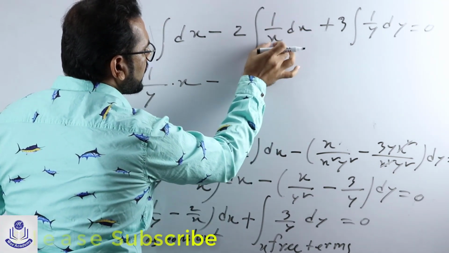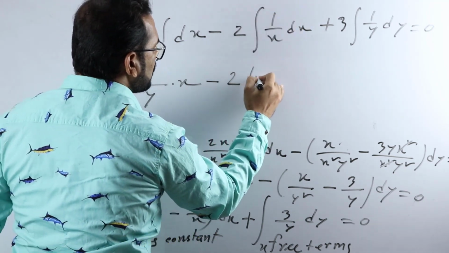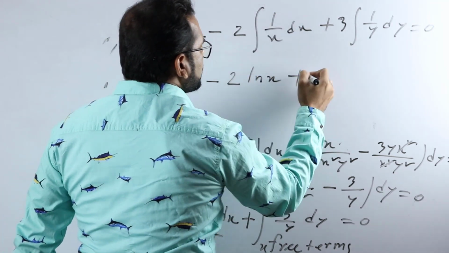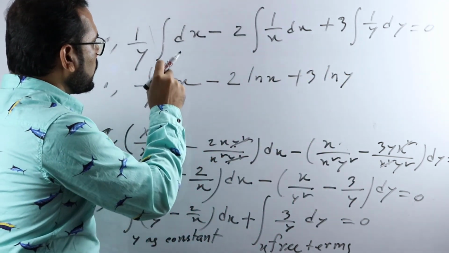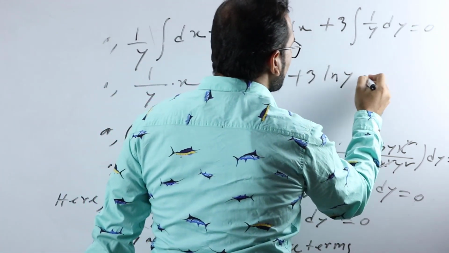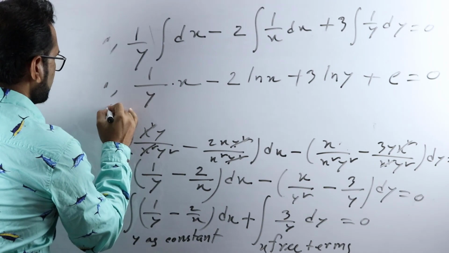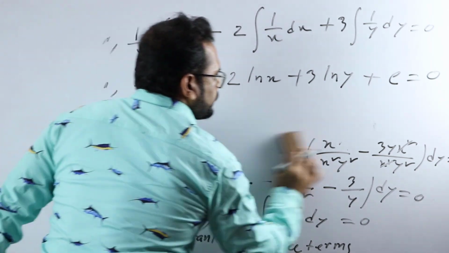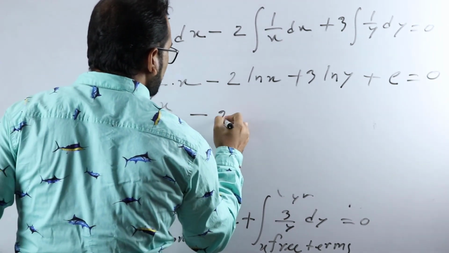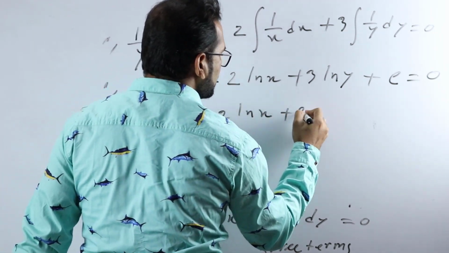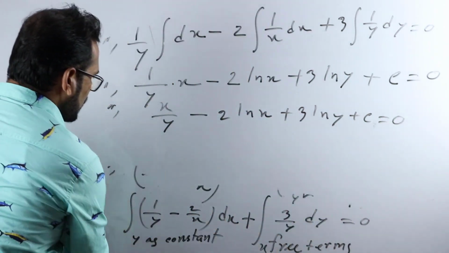If we differentiate x with respect to x, we will get 1, so we can write down 2 ln x here, similarly 3 ln y, and since we have completed our integrations, we have to put here the integrating constant c. Now x divided by y minus 2 ln x plus 3 ln y plus c is equals to 0.